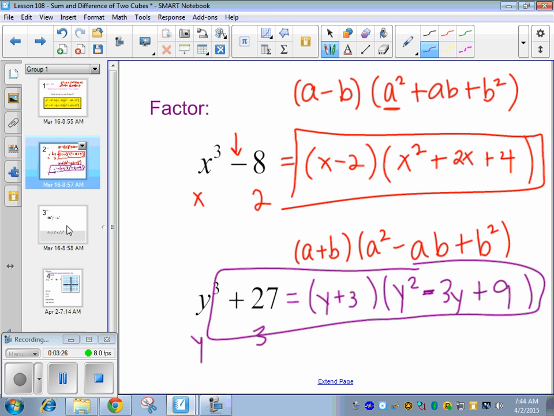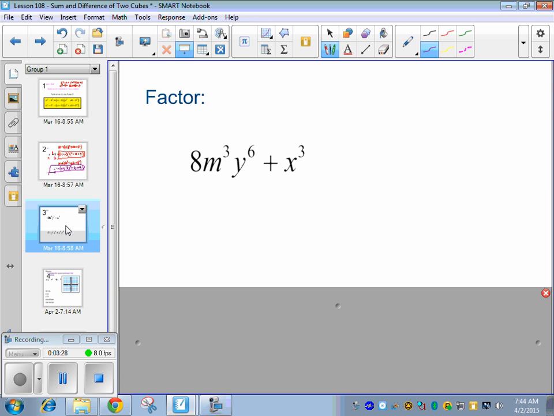All right. Then they're going to throw in a few more variables. So let's try this one. I have 8m cubed y to the sixth plus x cubed. The cube root of 8 is 2.